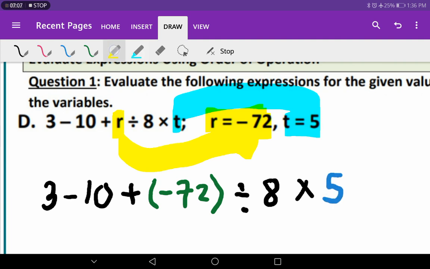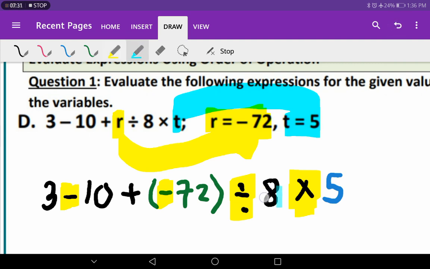Okay, how many operations do I have here? 1, 2, 3, and 4. And as you know, the division and the multiplication come before the negative and the addition, or the addition and subtraction. So this is the first one I have to do. Actually, this one, my dear student. Okay, let me change the color.